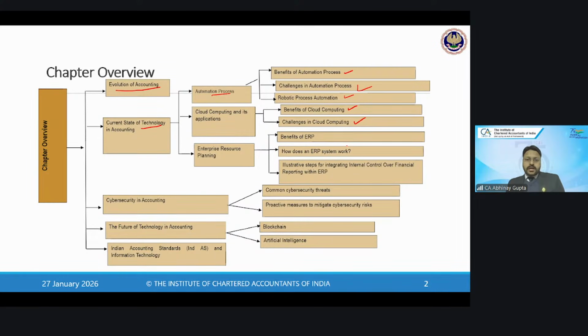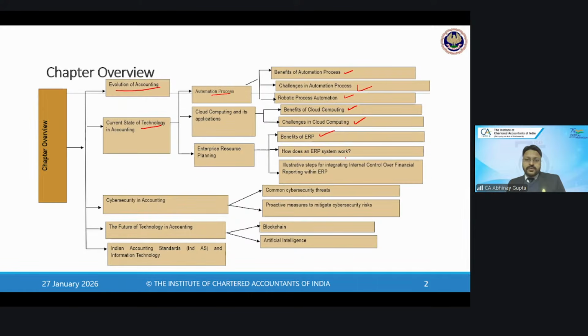Then ERPs we have been hearing about for quite some time, right? So this is not a new term. We know, earlier we used to do our accounting in Tally, which is also a kind of ERP only, right? Then there are many more software like SAP, Fusion, Oracle, right? So what is ERP?